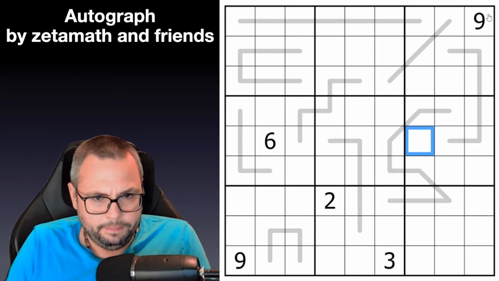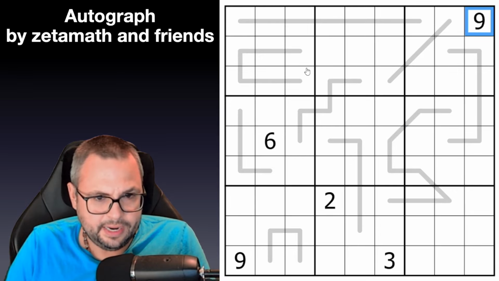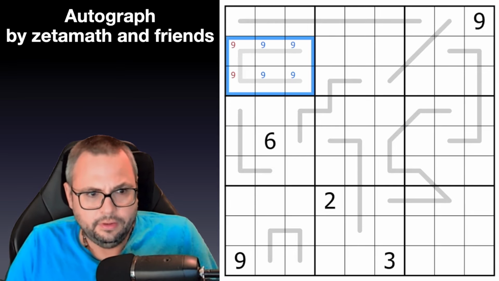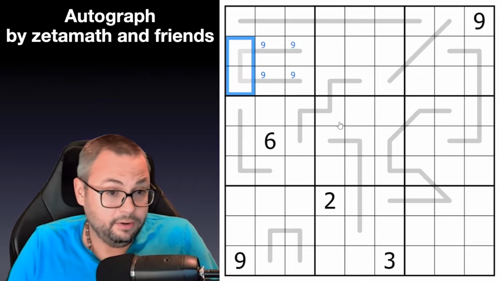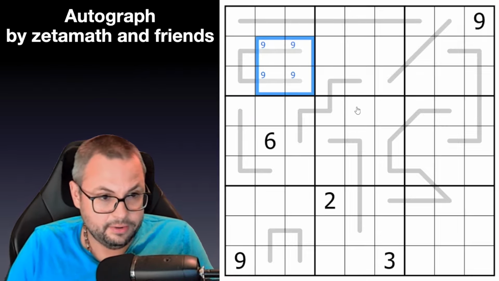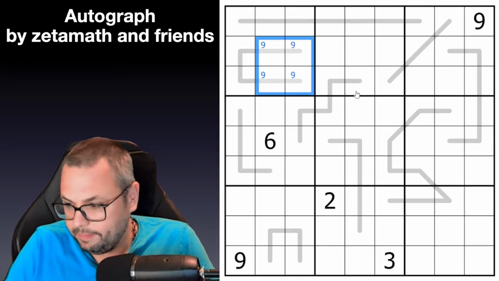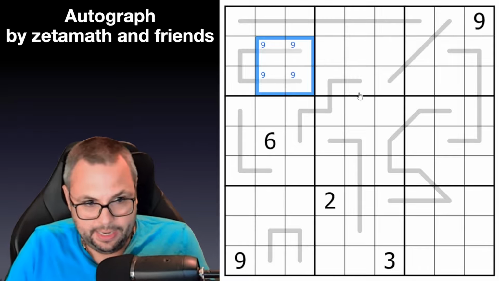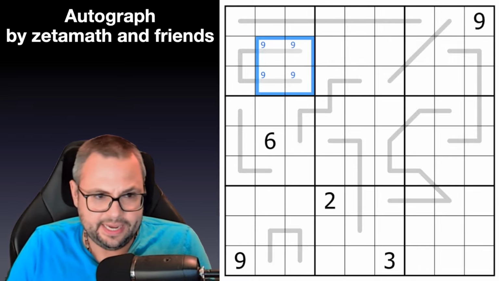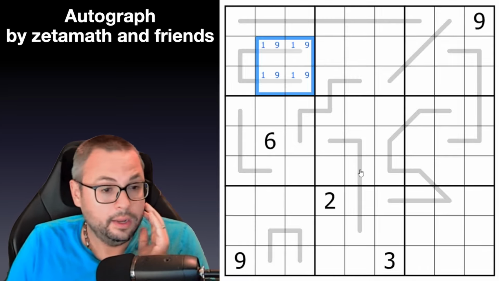So I do notice this 9, which is glaring down here. Oh, it's not over there. So there's a 9 on here. It's probably going to go with a 1, because I'm going to add some stuff to a 9 to get to 10. It's definitely going to go with a 1.